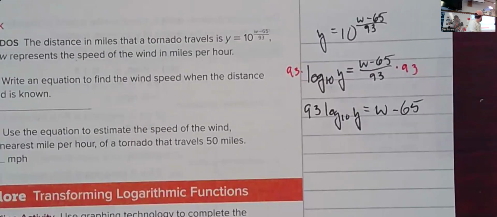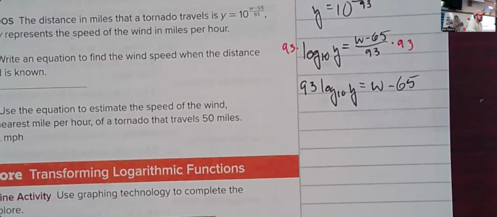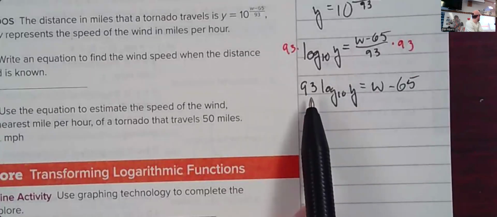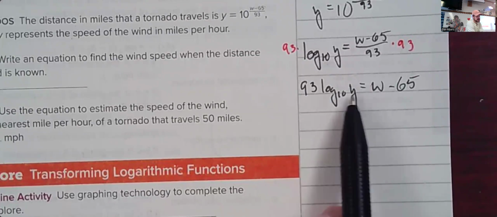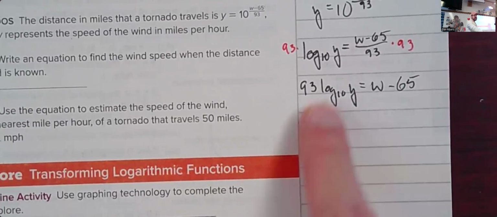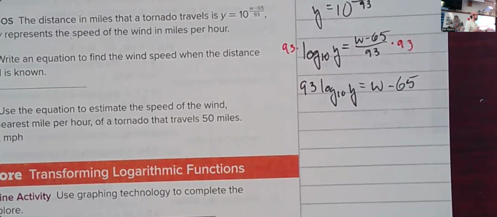By the way, notation-wise, when you multiply a logarithm, it's best to do the multiplication over to the left because it can get a little bit confusing. We're not multiplying this y by 93. Log base 10 of y is a number. This whole thing, log base 10 of y, is some number. We don't know what number it is, but that number is being multiplied by 93.